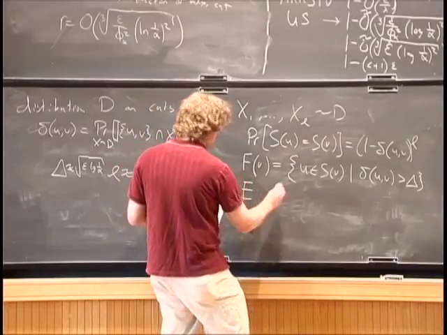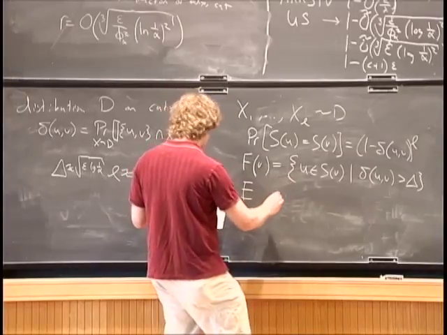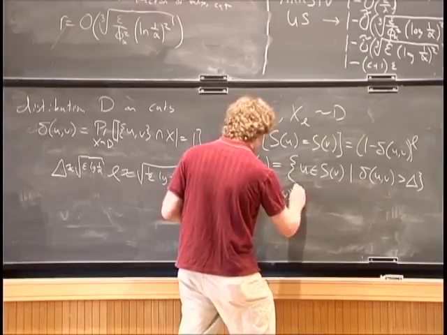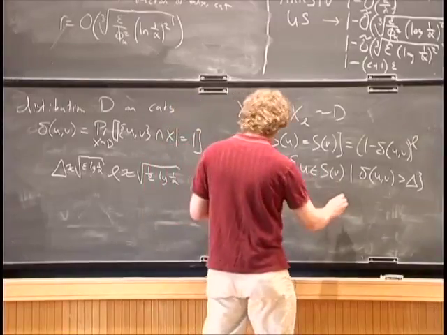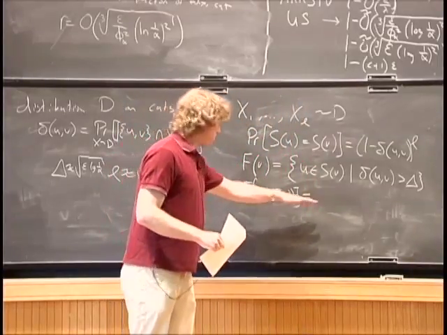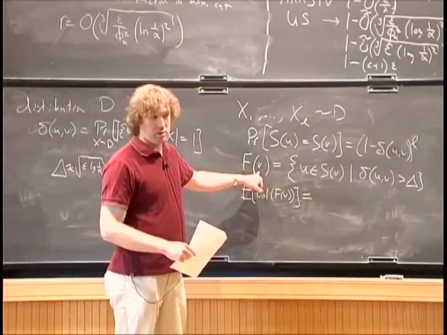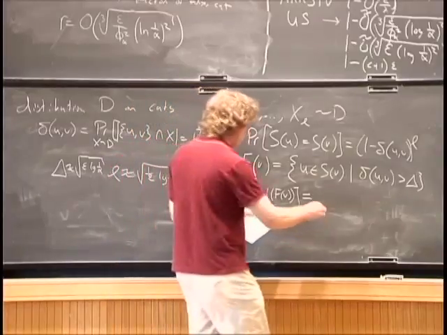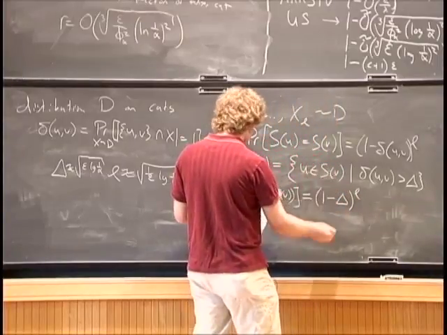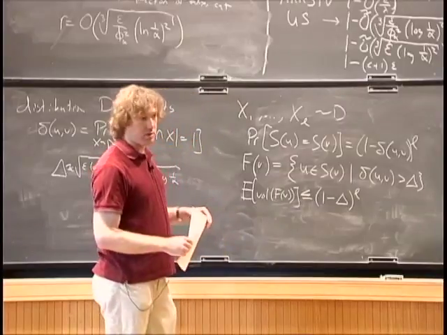Now the expected volume of vertices that are far from V is the probability that a random vertex is far from V. Which is, well, at most this.